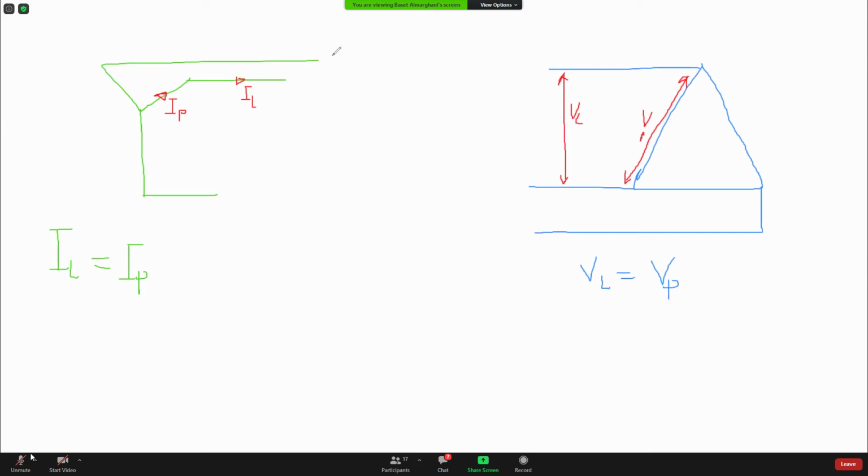Now, the other value: if the current is equal, the voltage is not going to be the same. Voltage line will be square root of 3 times V phase. Here, I line will be square root of 3 times I phase.